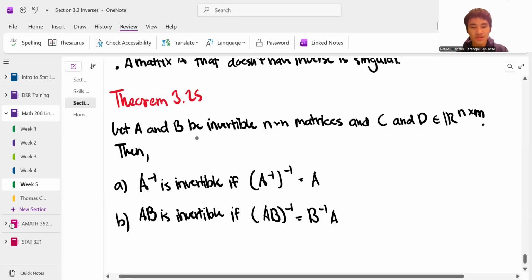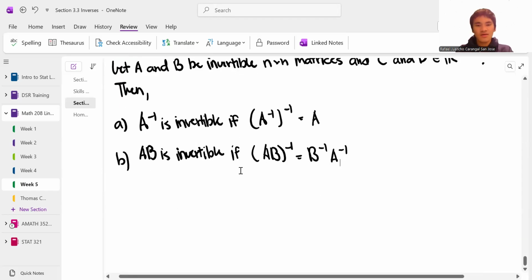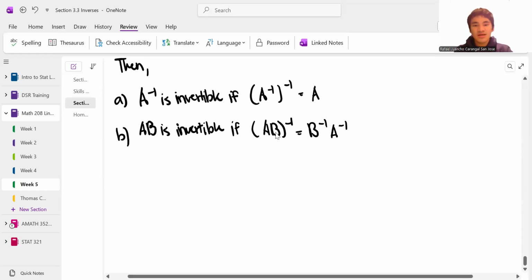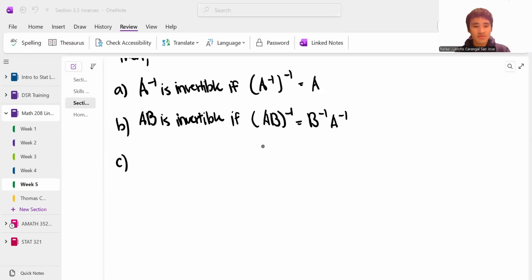B inverse multiplied by A inverse. And remember how when we do matrices, order matters? Here they put the B inverse first, multiplied by the A inverse next. So of course, we're going to write proofs on these to check if they're possible.